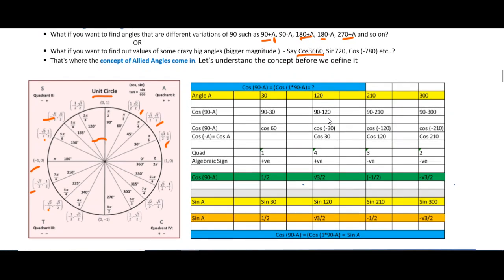So let's say that given an angle A, I'm trying to find the value of cos of 90 minus A, and after I find the value, does it have any relationship with any other function, or a cofunction? Let's find out.